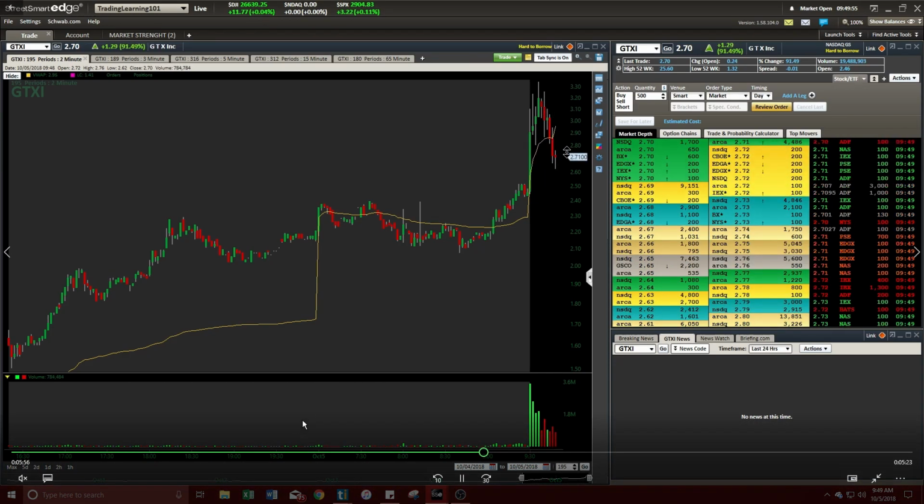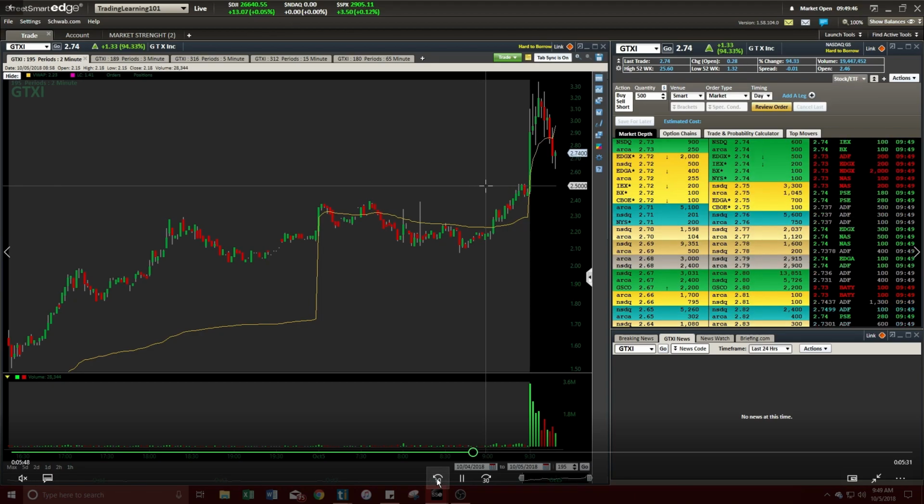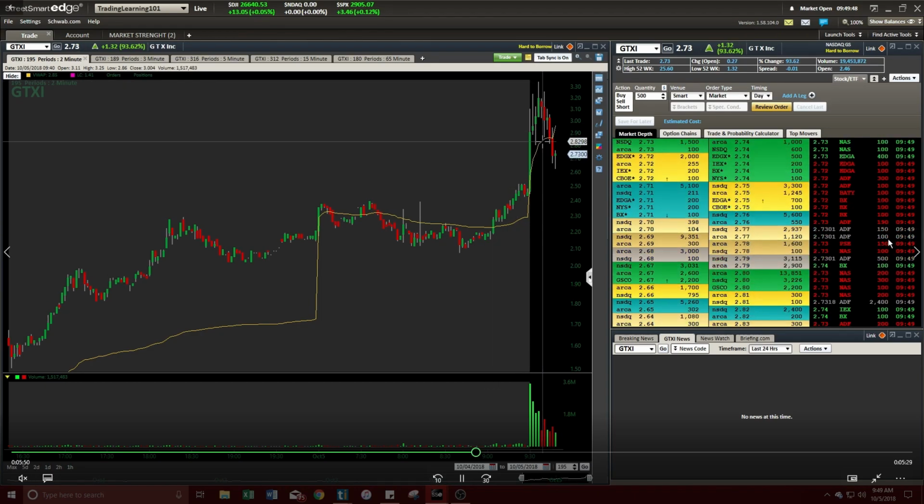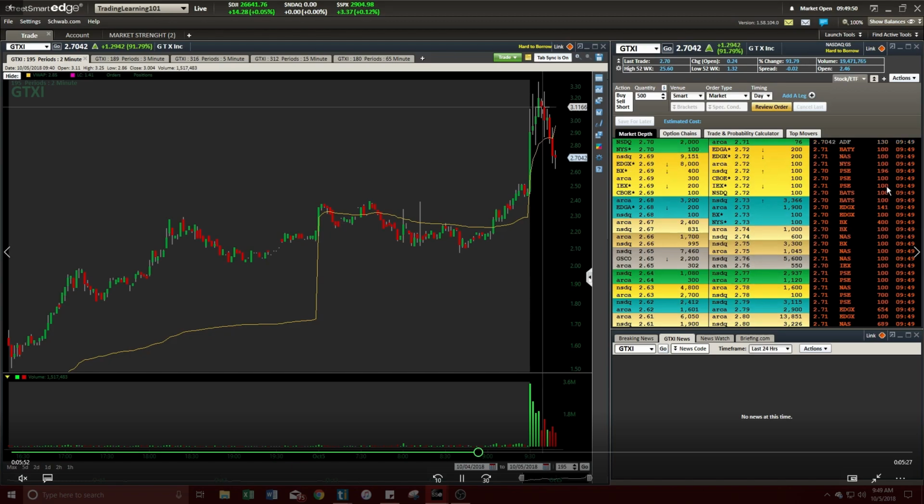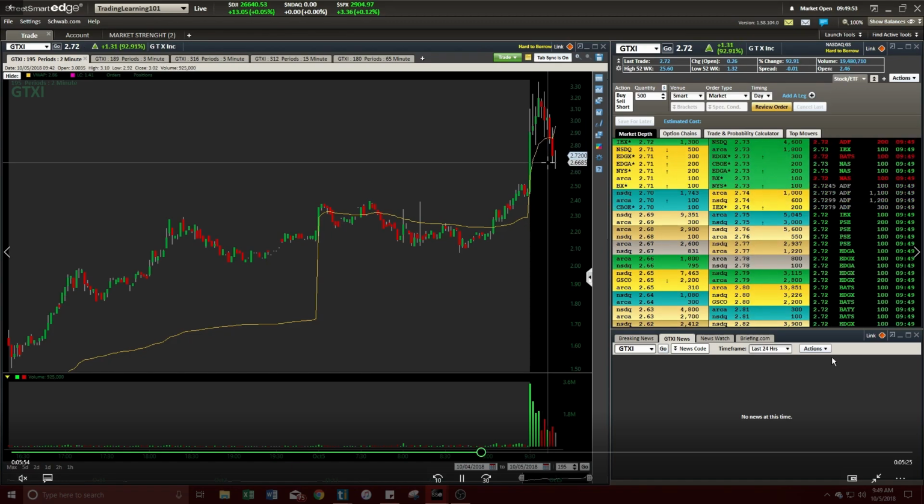A lot of panic on this. Go back 10 seconds, look at right here on the times and sales. Seeing all this orange pop up, that's panic.